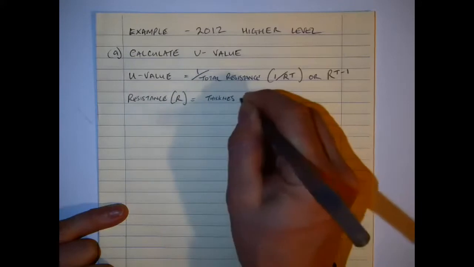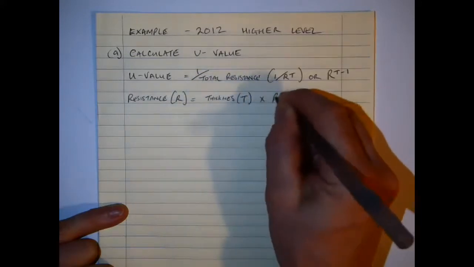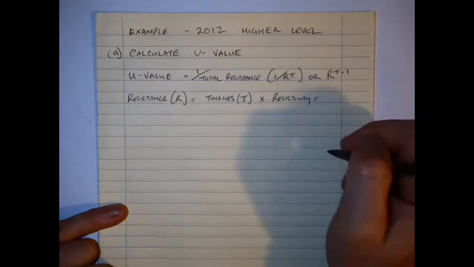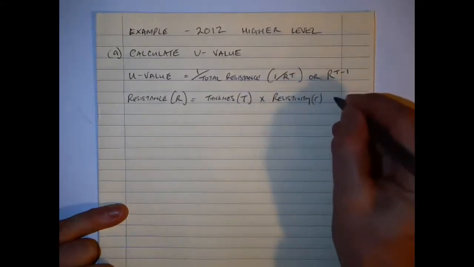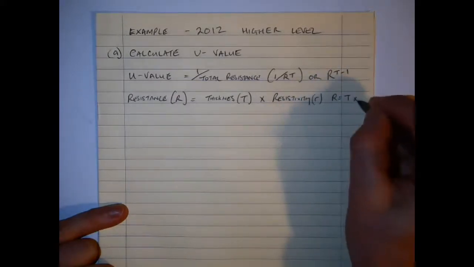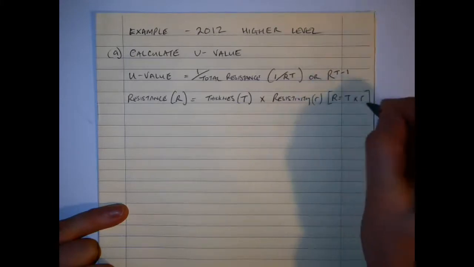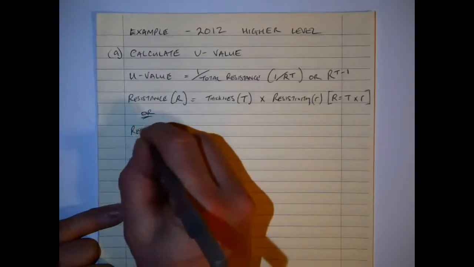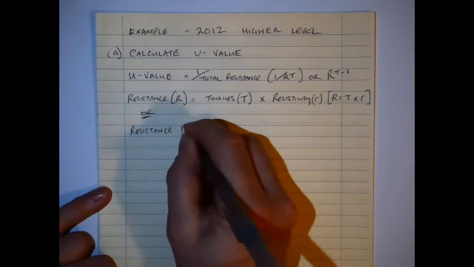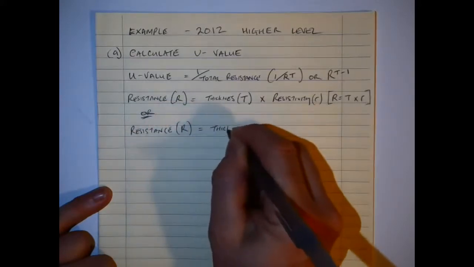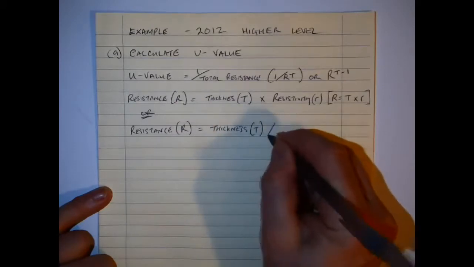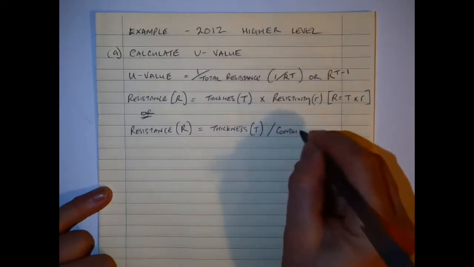We can multiply the thickness by the resistivity, which is the small r, or the 1 over k. And the alternative to achieve the resistance is we can take the thickness, which is in meters, and divide it by our conductivity.